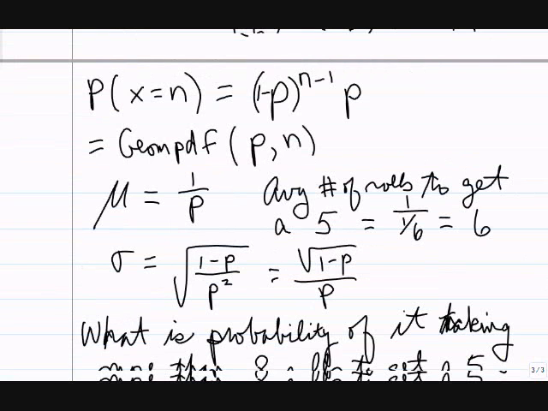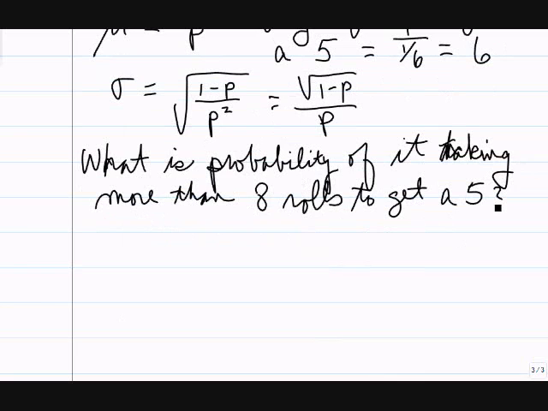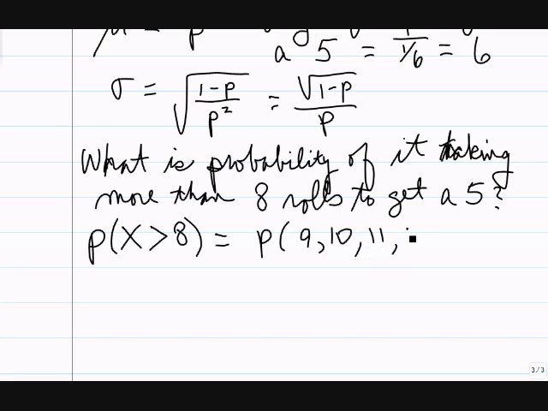Okay, so probability that my x is greater than 8. That's the probability that x is 9 or 10 or 11 or 12 up to infinity, which is 1 minus the probability that I get my first 5 in the complement of that, which would be the first roll, the second roll, the third roll, up to the 8th roll.